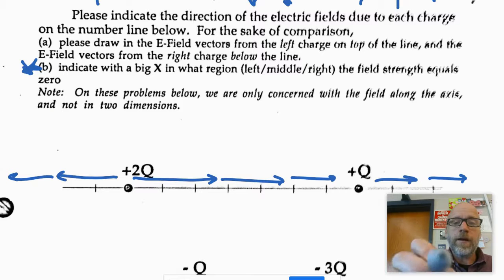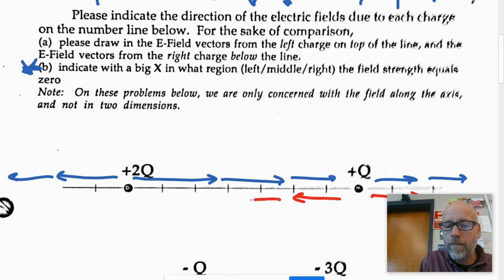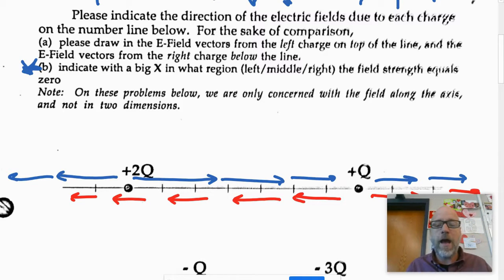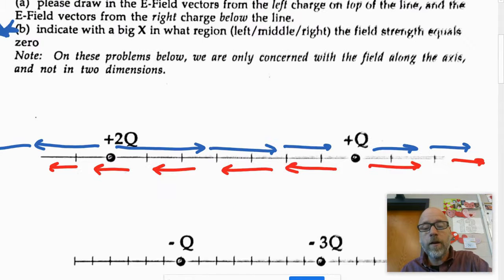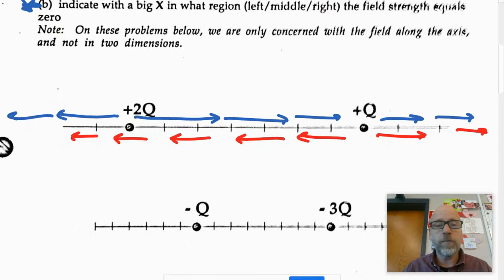Now, because I have separate pens here, I'm going to do them in different colors. Now, they're going to point away, away, away. Now, with this visual, it becomes pretty clear where the electric field could possibly be equal to 0.